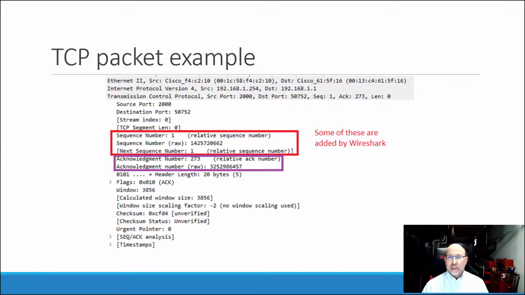But it would be easier if we just said, well, that random number is the beginning, and so I'm going to start at that point counting at 0. And so that becomes a relative number. So it's a lot easier to understand what's going on as we go through there. So I will try to keep track of both the relative and actual or raw sequence and acknowledgement numbers as we go through the examples here.